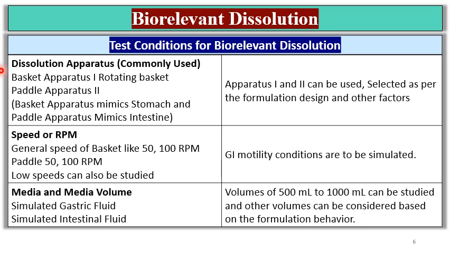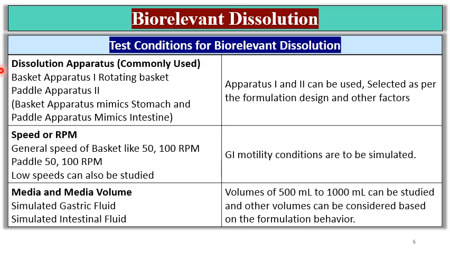And also for the QC release method or discriminatory method, the testing conditions we take are mainly the media volume, pH, apparatus and the RPM. So we have to be very vigilant while checking the biorelevant dissolution. Mainly the basket apparatus and paddle apparatus are used in the biorelevant dissolution testing.